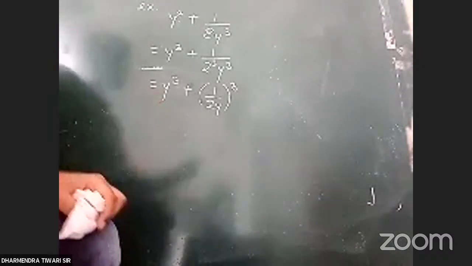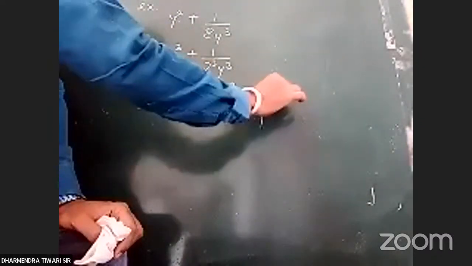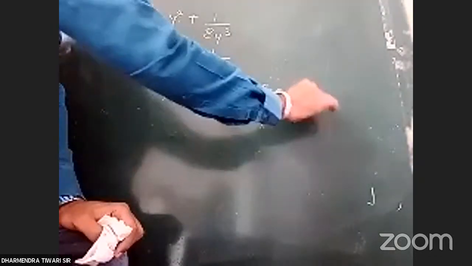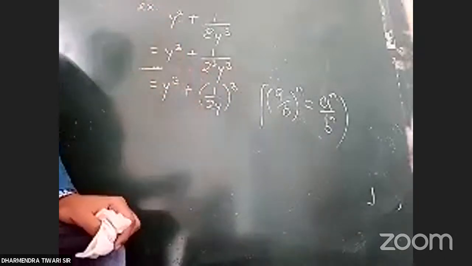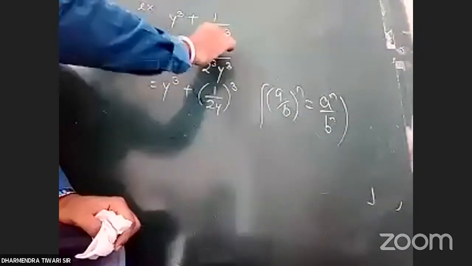Yeah, 1 cube is 1, so it doesn't make any difference. I've used this form of the law of indices: (a by b) raised to n equals a raised to n upon b raised to n. So 1 cube is 1, so I can write 1 cube as well.